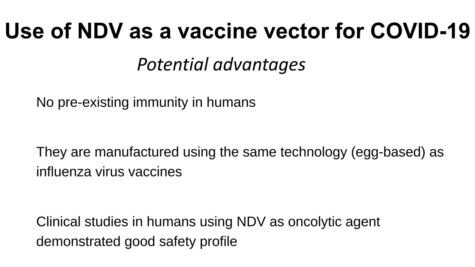And this allows that any production facility for influenza virus vaccines could be used for producing a Newcastle disease virus vaccine.